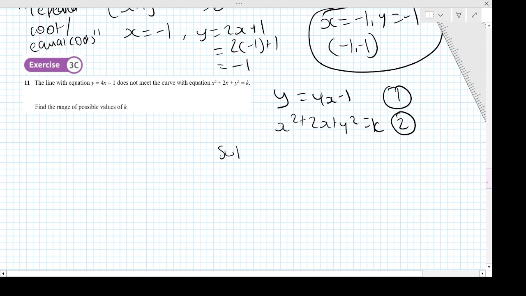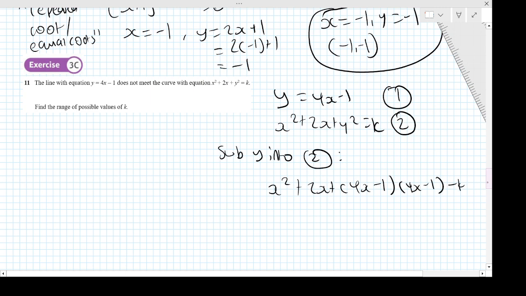Subbing y into the second equation, we get x squared plus 2x plus y squared, which is (4x minus 1) times (4x minus 1), minus k equals 0, moving the k to the other side to make the equation equal to 0.